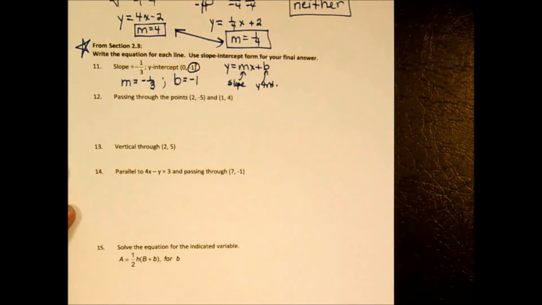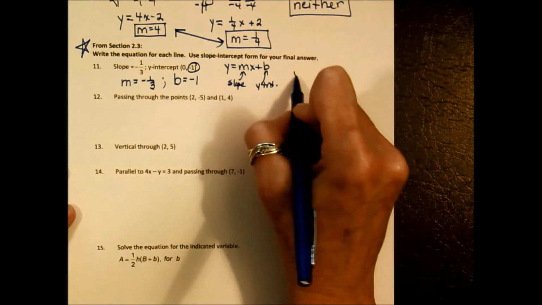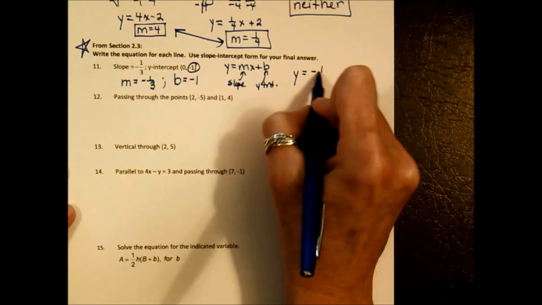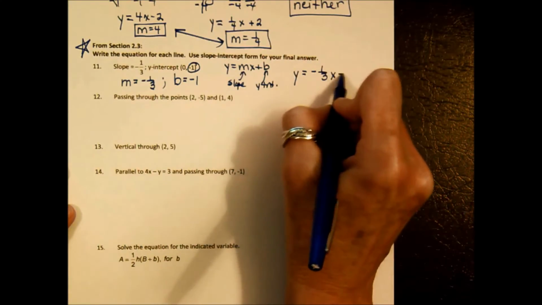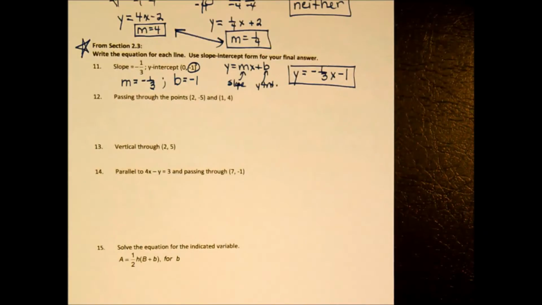So since I'm given both of those things, all I have to do is plug them in. So y equals negative 1/3 x minus 1, and I have my equation of my line because I was actually given all the information that I needed. I didn't have to do any kind of calculation.